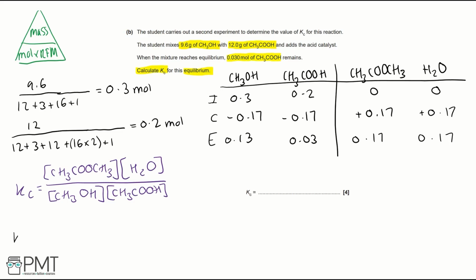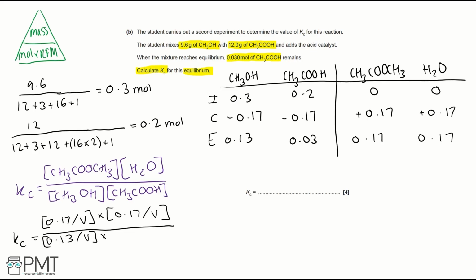So if we write this expression for Kc and use volume as V, we would have 0.17 divided by V in square brackets multiplied by 0.17 divided by V in square brackets divided by 0.13 divided by V in square brackets times by 0.03 divided by V. So all the volumes here are going to cancel out. So it doesn't matter that we haven't got a volume to work out concentration.